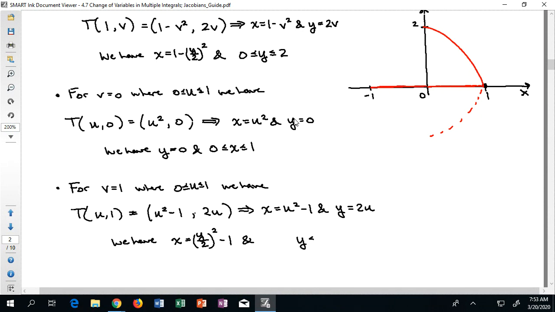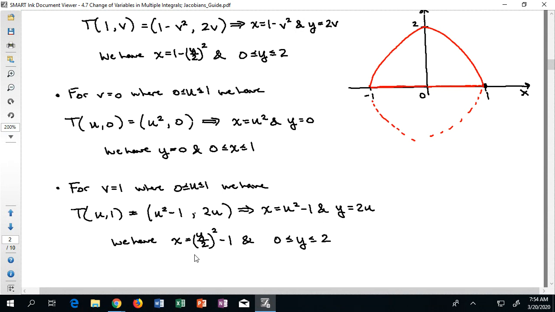And I can see that, again, if u goes from 0 to 1 and y is double the size all the time, y is going to go from 0 to 2. What I'll notice here is this is a parabola that starts at x is negative 1, and it opens in the positive direction of x's. It's going to be a parabola that looks something like this. And again, I could imagine the region down here.